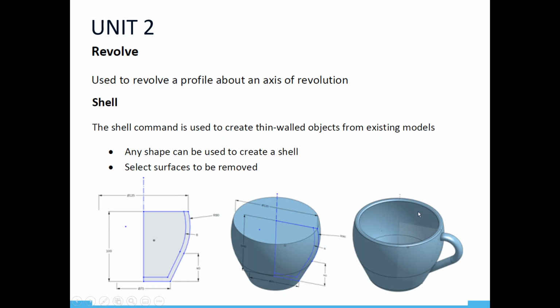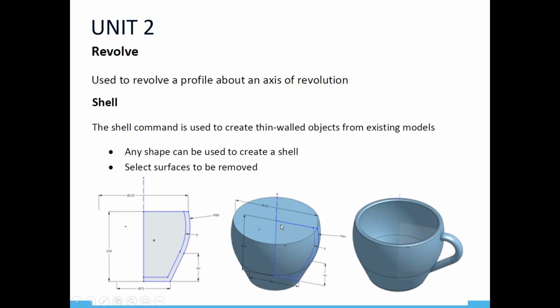There's no way that you can draw this cup using extrusion as we've used on the last video, because it is not straight. So what we do is we draw one side, so we dimension everything on one side, and then we draw the axis of rotation, then we just revolve around that axis of rotation, and then we get a solid model like this here in the middle.